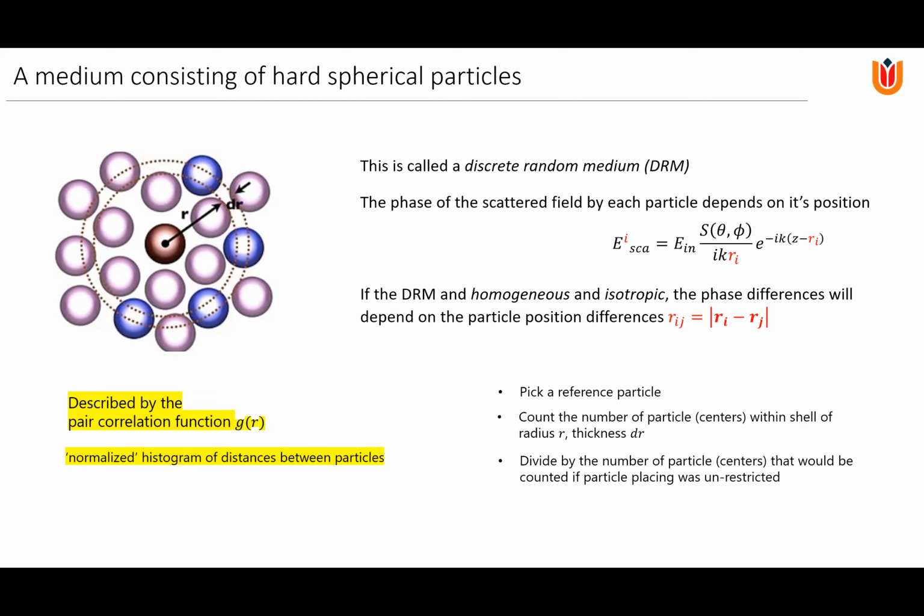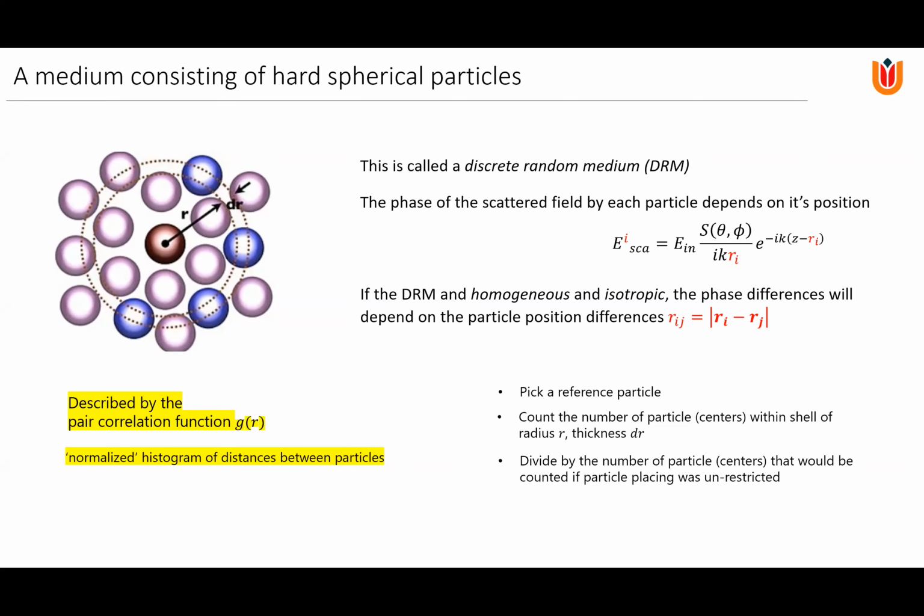Now, if you take two particles in such a medium, and if you assume that it is both homogeneous and isotropic, so homogeneous means that the statistics are the same anywhere you are in the medium, and isotropic means that it does not matter from which side you look at this medium; it's always going to look the same. Then the individual positions of the particles are not relevant anymore, only the distances.